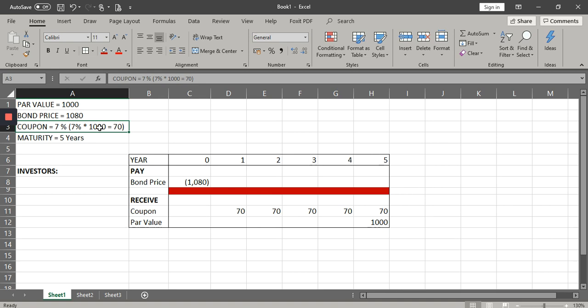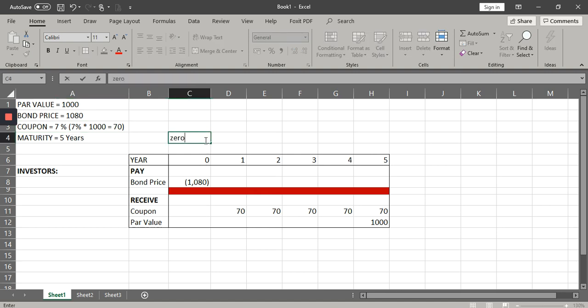And then you have a bond. Zero coupon bond. So let's talk about zero coupon bond. What will happen if it's a zero coupon bond? Zero coupon bond means what they say.